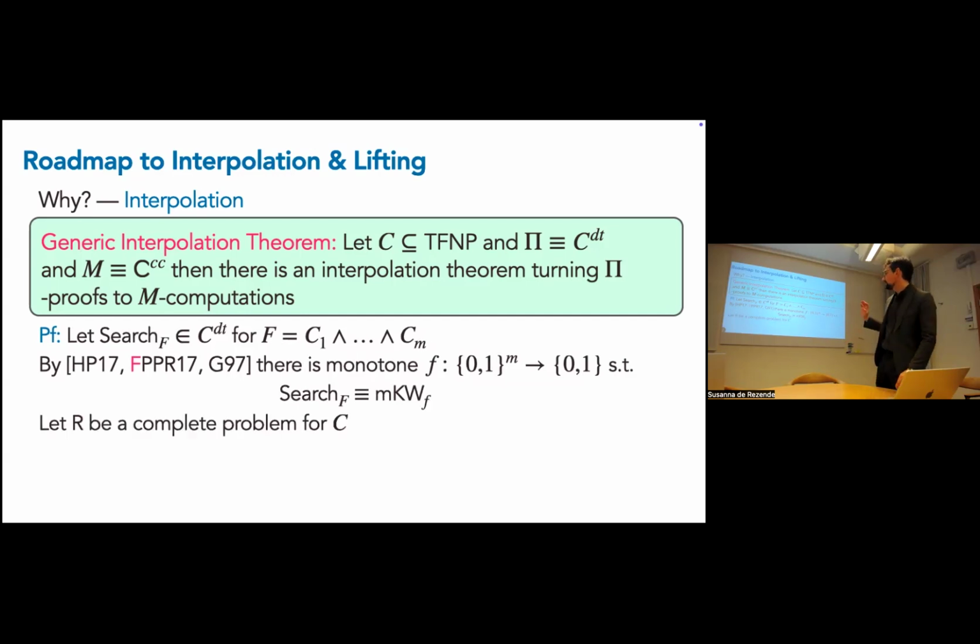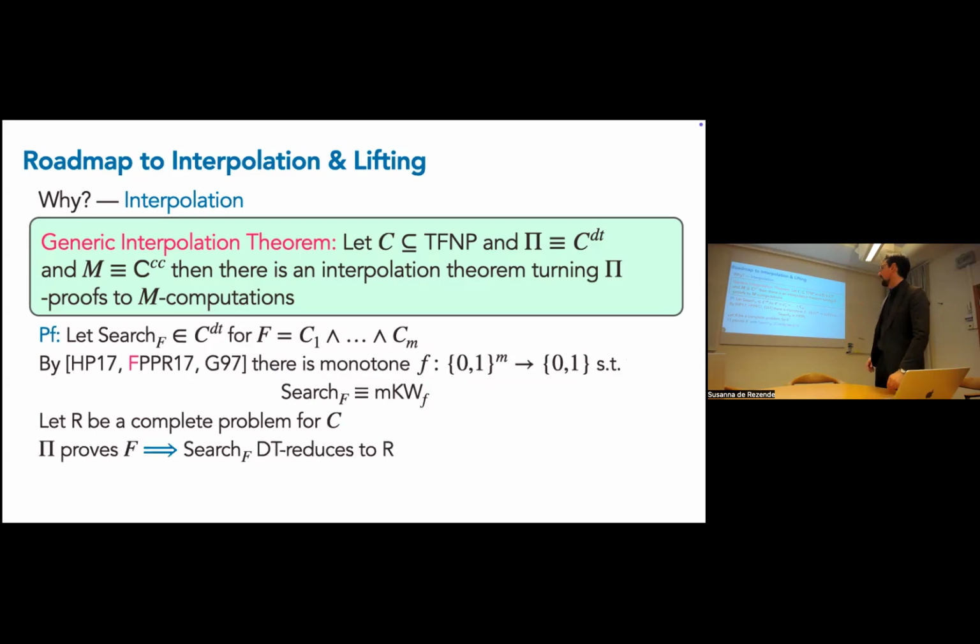So now let's take a complete problem for the class C. And if the proof system proves an unsatisfiable CNF formula F, then the false clause search problem reduces to it.